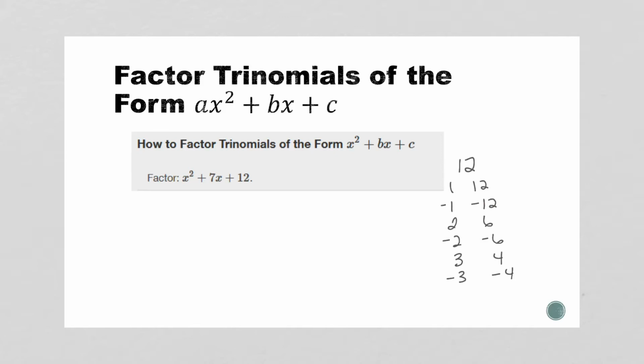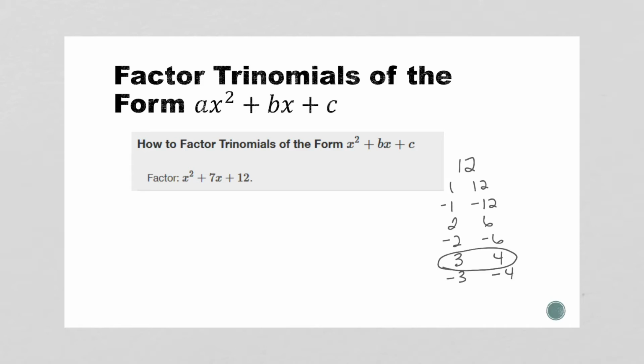If I look at the sum of 2 and 6, I get 8, -8, 7, -7, okay? There's only one of these pairs that adds up to be this middle term, okay? Only one of them works. Remember, this one is -7.